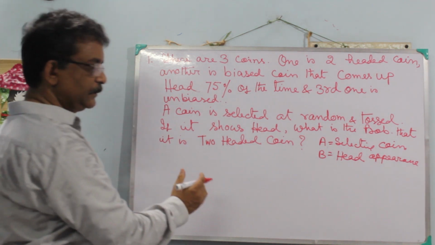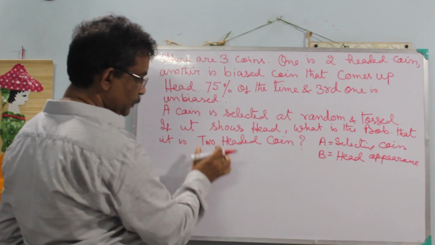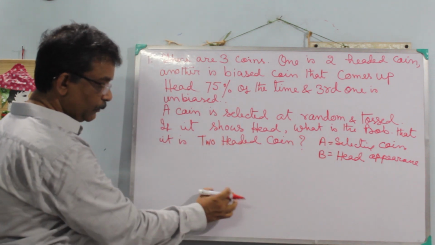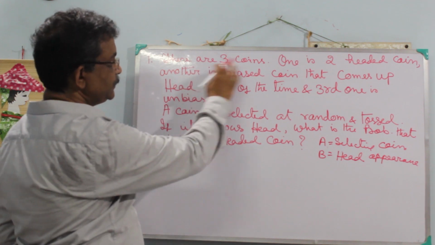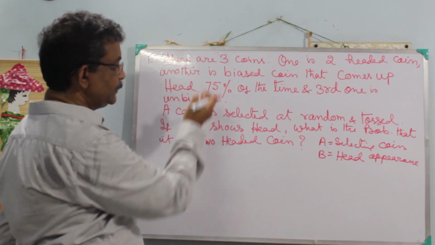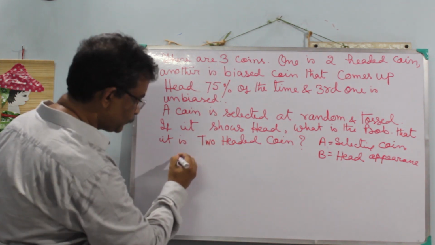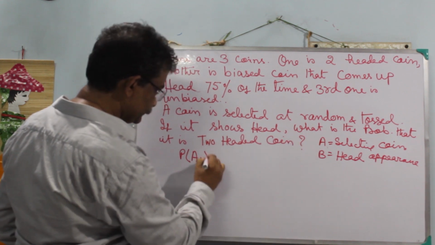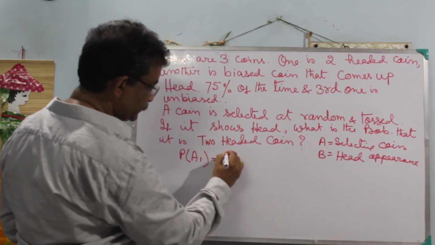On the left side we will show the event A, where the total probability is 1. Suppose there are 3 coins. What is the probability of selecting each coin? The probability of selecting the first coin, A1, is 1/3 out of 3.